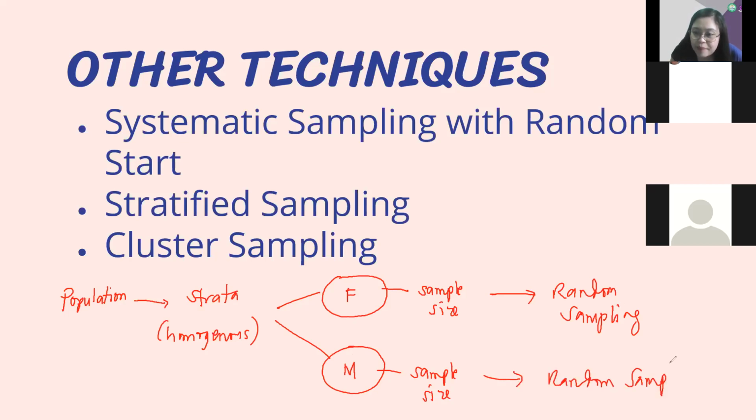Kaya lang, hindi na siya ganun kahirap kasi hindi naman na ganun karami yung sample size or yung population for each stratum. Na kumonte na siya. And that pag magra-random sampling tayo, hindi na tayo masyadong mahihirapan with the bulk kasi nga naka-group na sila. Okay?